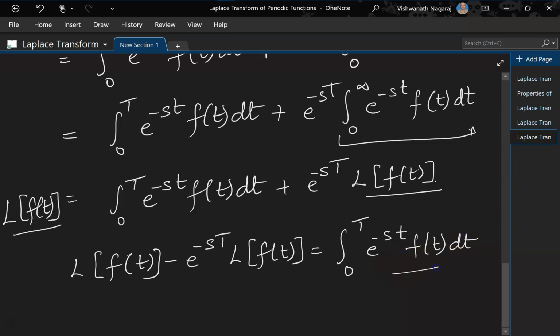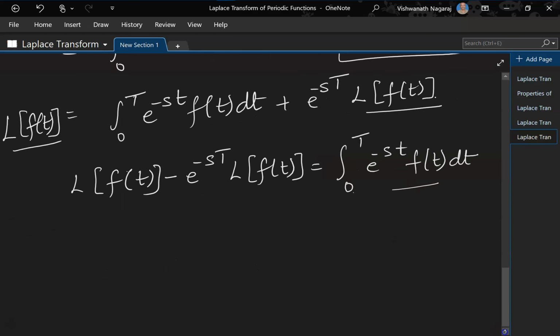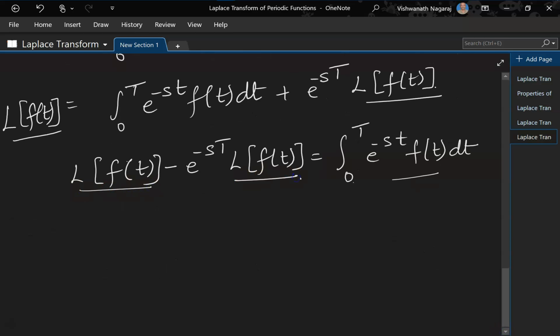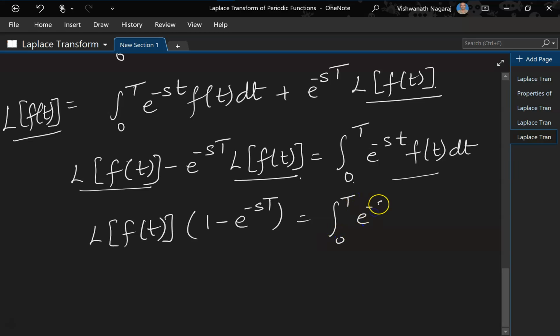Remember, this is not a Laplace transform, because it is not 0 to infinity. Now here the Laplace transform of f of t is common, so let's take it out: the Laplace transform of f of t times 1 minus e to the power of minus s capital T is equal to the integral from 0 to T of e to the power of minus st f of t dt.